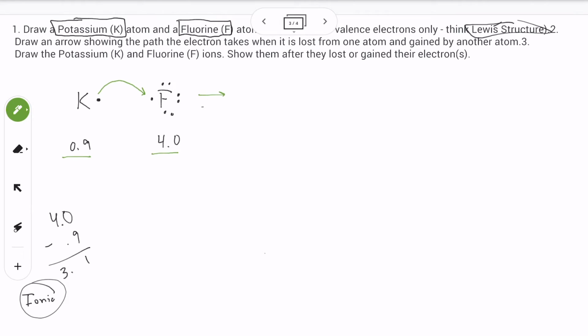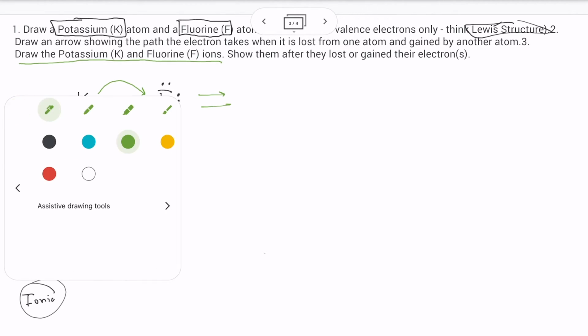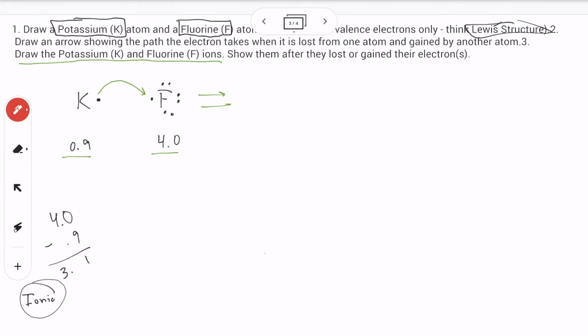And then after we do that, it says draw the potassium and fluoride ions. Okay, so the ions are what happens after it loses or gains electrons. So potassium lost an electron, so we're not going to draw the dot because it lost it. Because it lost an electron that's negatively charged, it's going to be positive now because it was neutral, but it lost something negative, so it's going to become positive.